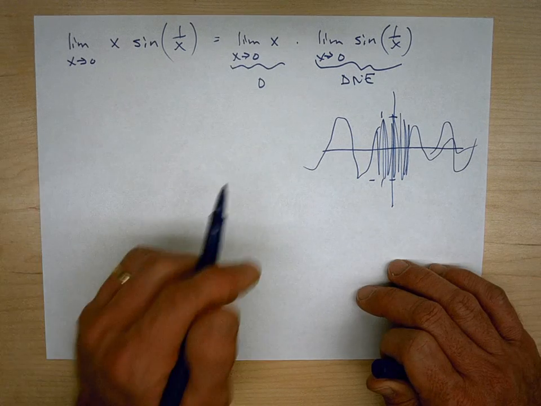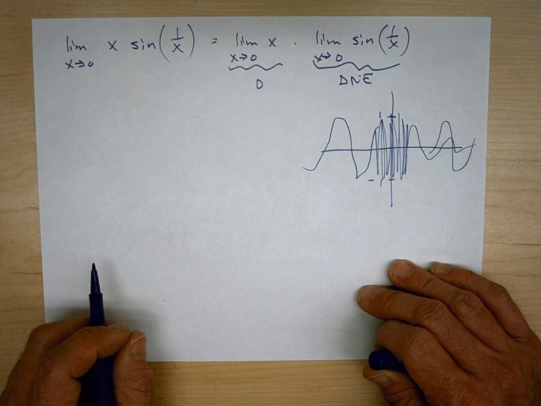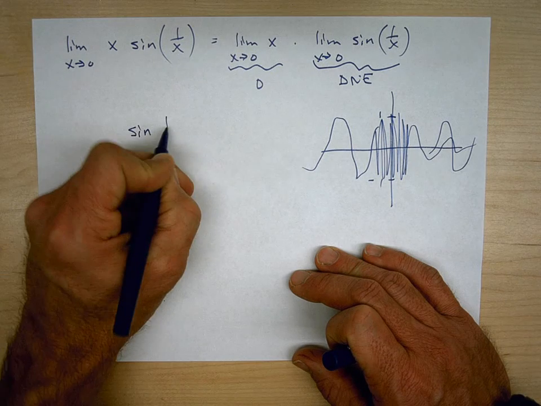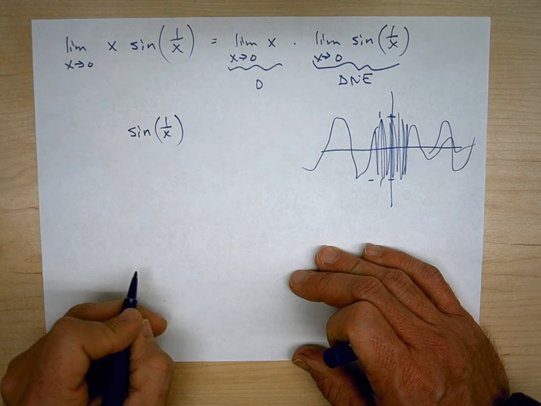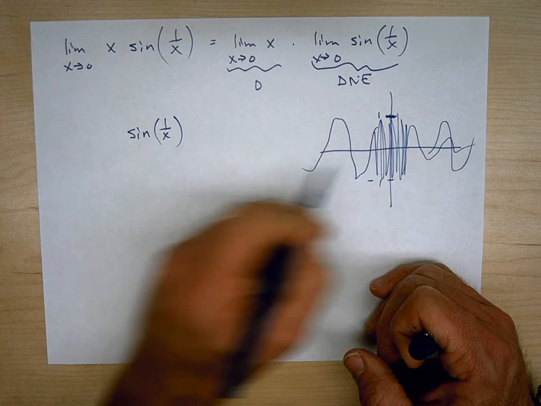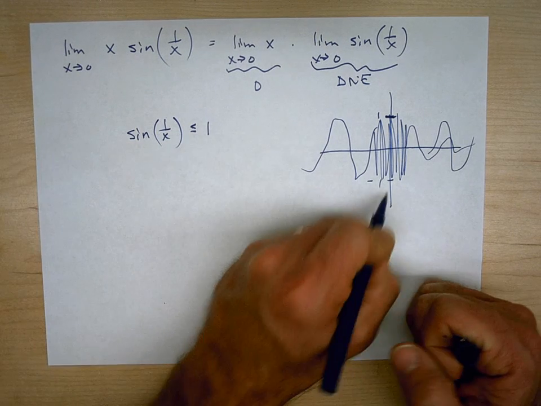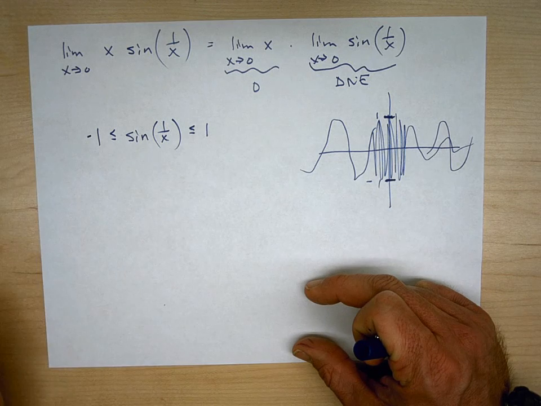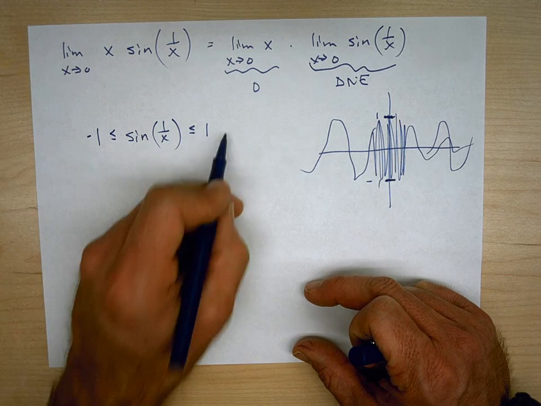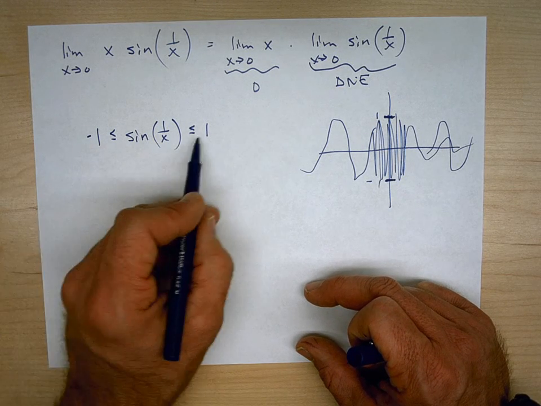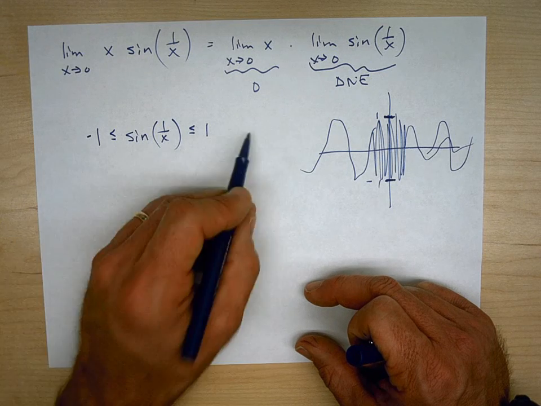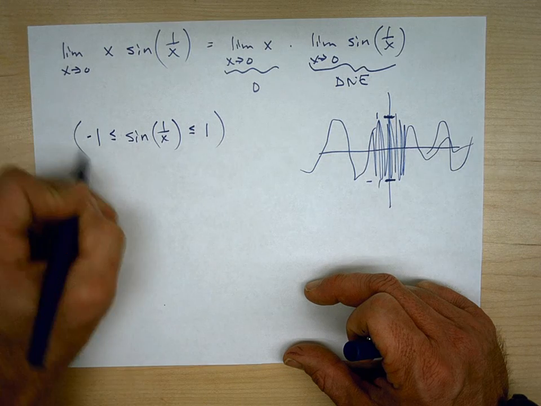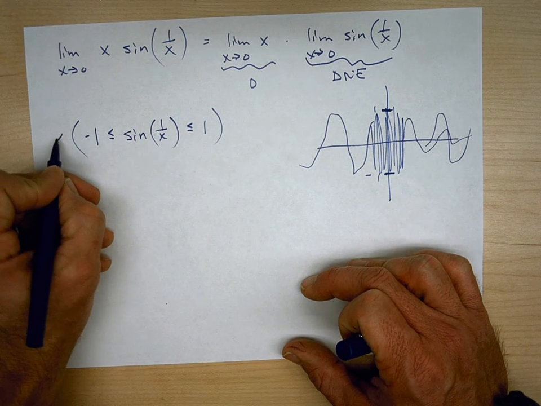So we're going to see if we can use the squeeze theorem to nail this thing down. Well, first let's start with bounds for sine of 1 over x, which I've already mentioned, right? It's always less than or equal to 1, and it's always greater than or equal to negative 1. Now, if we have this relationship, then we can multiply everything, and the relationship would still work, right? So let's multiply everything by x.